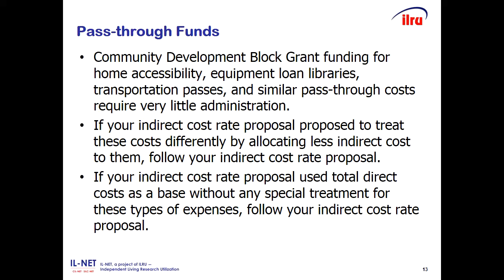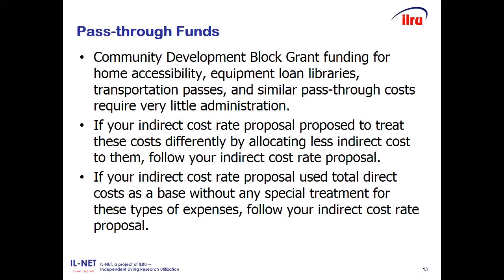Sometimes people get transportation passes for the purpose of teaching the independent living skill of using that public transit, and so they have those passes that you can use during that teaching time, and the benefit of those passes is actually passed on directly to the consumer, and it isn't a cost that you actually end up administering, except for just passing it on.